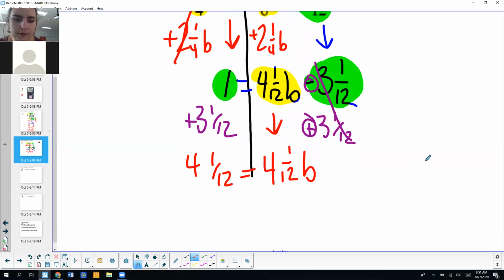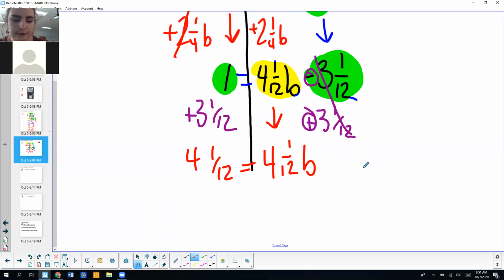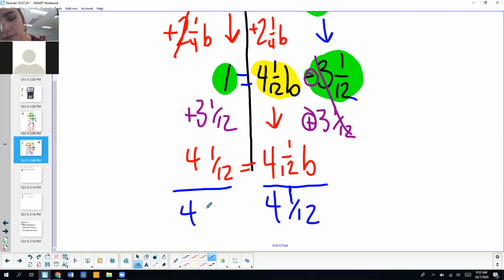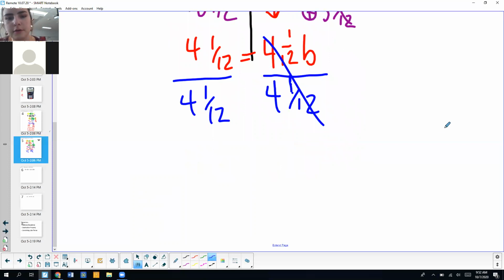All right, now I'm going to divide, because I've got variables on one side, constants on the other. I'm going to divide both sides by 4 1/12. So 4 1/12 divided by 4 1/12 is going to give me B by itself.